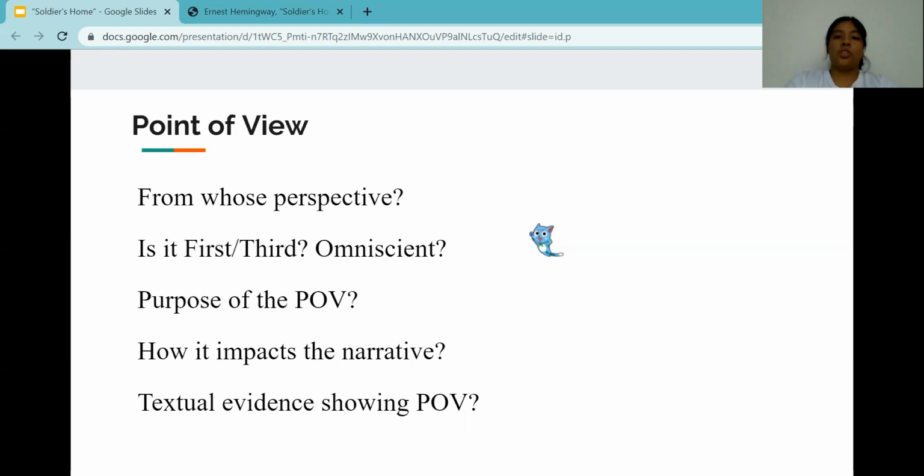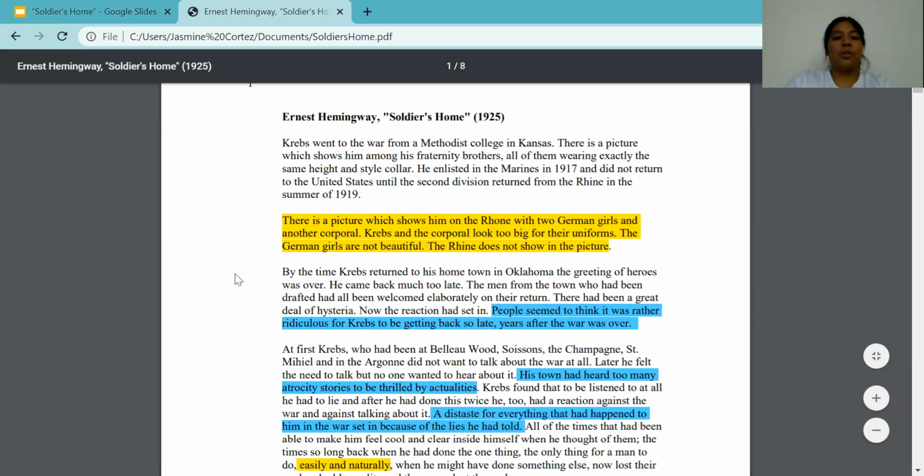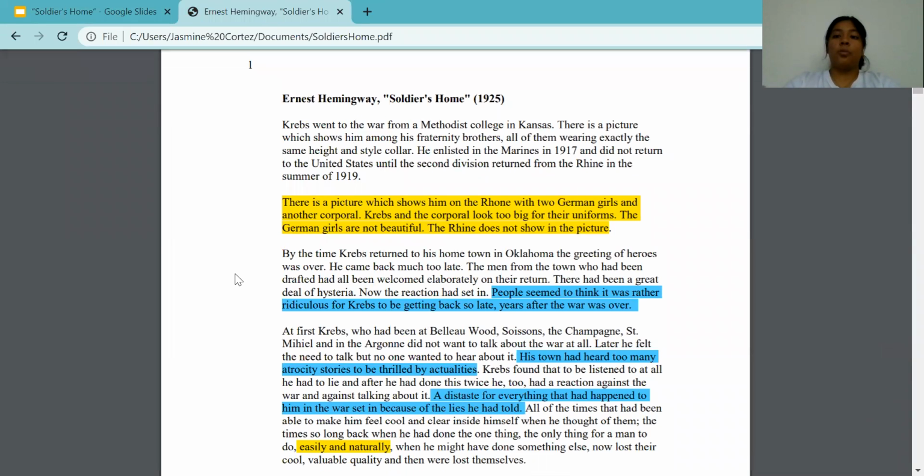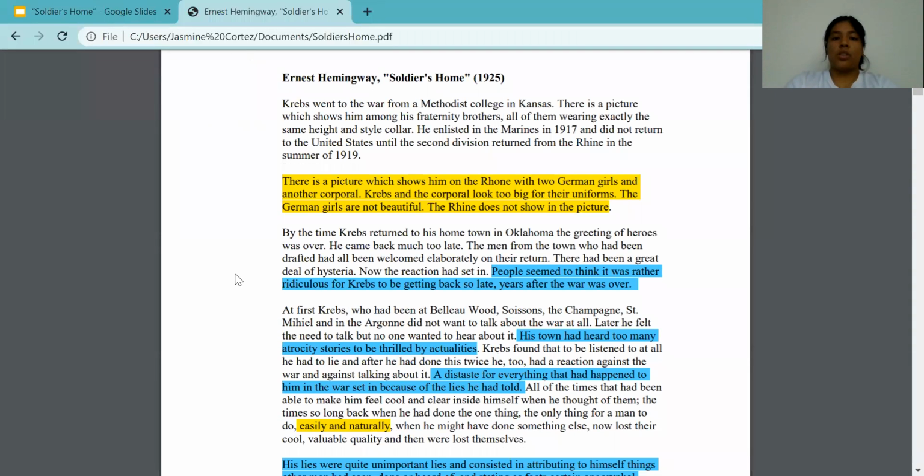And what kind of evidence shows this point of view? Where would we find this in the text? One of the key ways of figuring this out is when you go through and you realize what kind of writing is in what kind of point of view, that's when you will know. Third person is usually they, she, her.